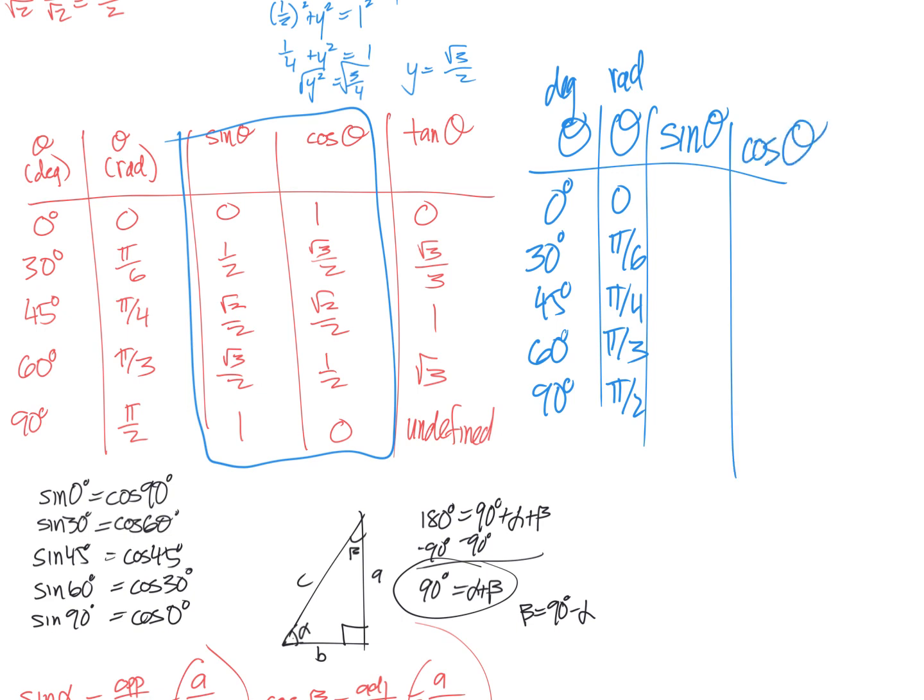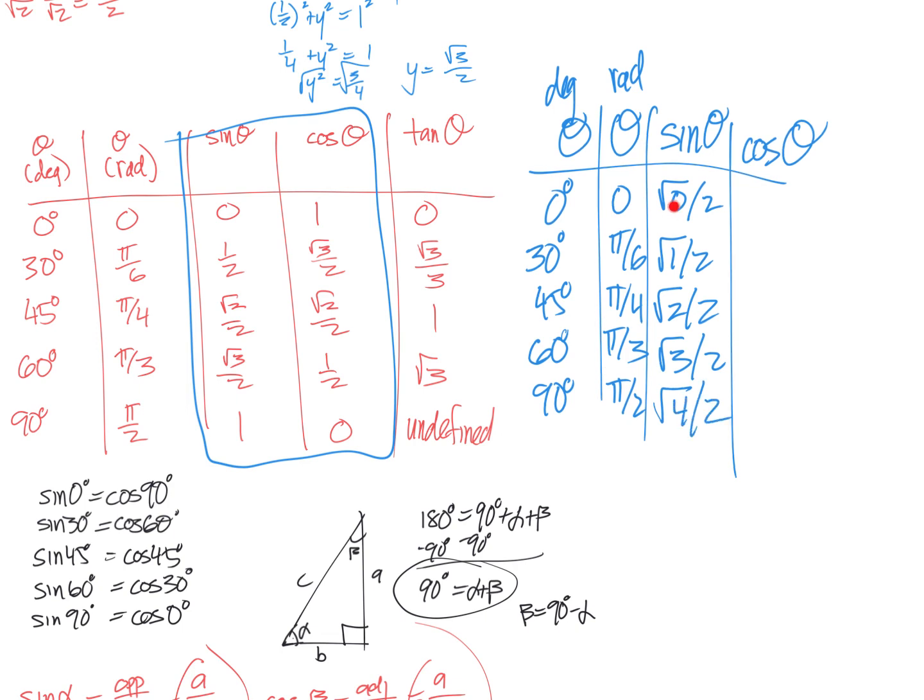We can think of sine as, let's say, the square root of 0 over 2. Sine of 30 would be the square root of 1 over 2, square root of 2 over 2, square root of 3 over 2, and square root of 4 over 2.